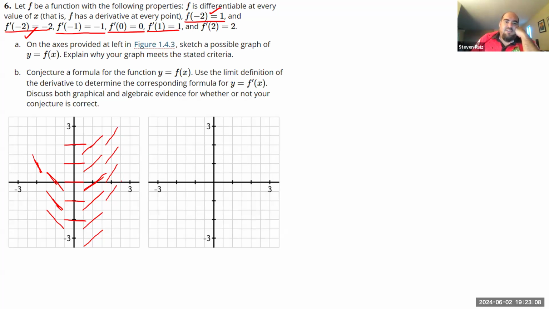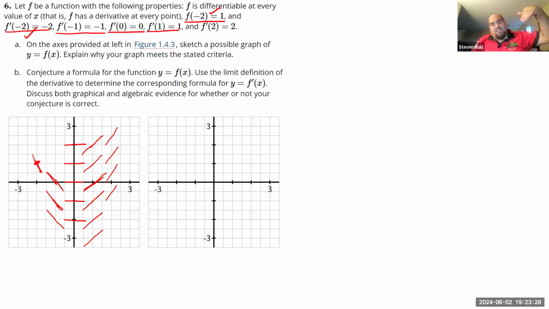Now let's use that information to sketch this graph. Based on the only point I know about, -2, 1, what happens from there? Before I draw anything, let's look at these different slopes I've drawn and think about what it's going to look like.